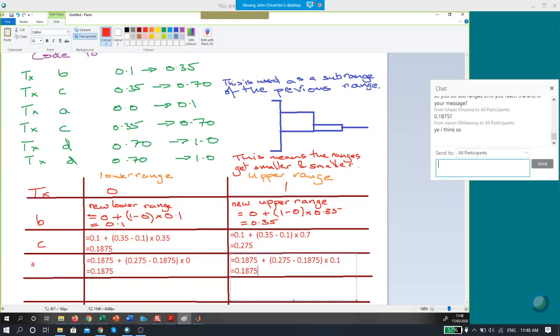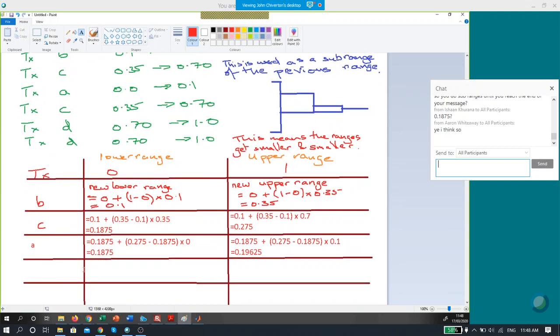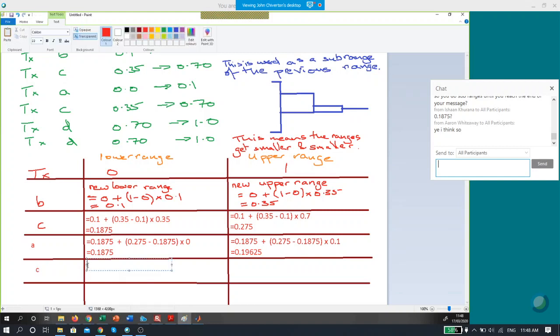So that will come out to what we've got calculated, so 0.19625. And that gets repeated, doesn't it? Maybe you can do it faster than I am. Do you want to have a go if you've got access to Excel or something?